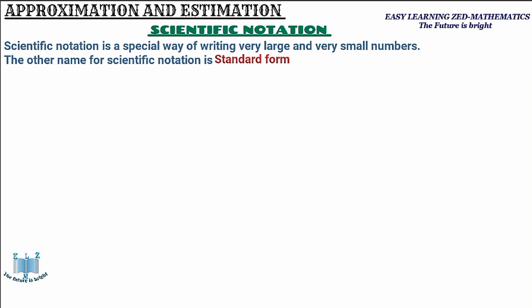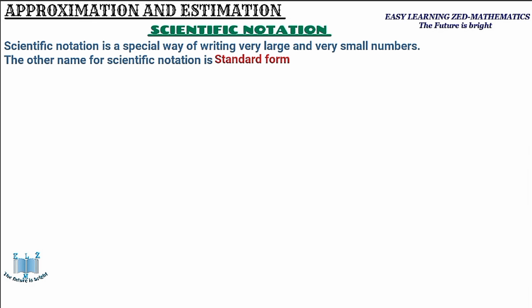So if you're told to write 3000 in scientific notation and another person is asked to write 3000 in standard form, they have just asked you the same thing using different words.